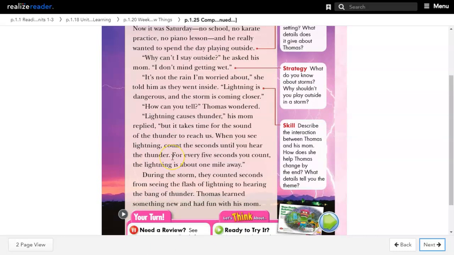For every 5 seconds you count, the lightning is about 1 mile away." During the storm, they counted seconds from seeing the flash of lightning to hearing the bang of thunder. Thomas learned something new and had fun with his mom.